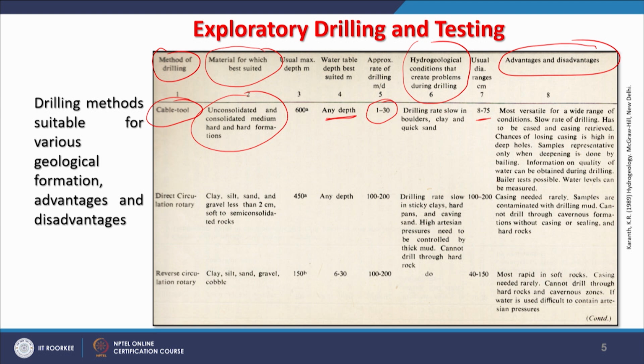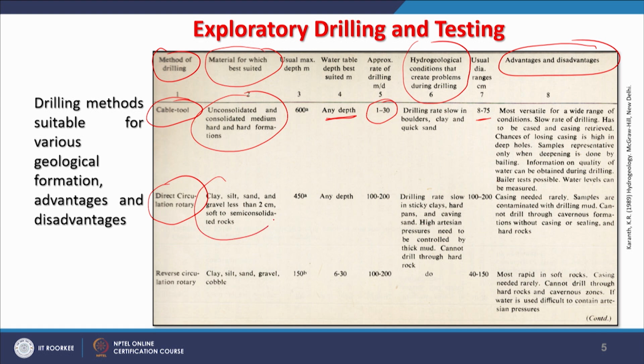So, it is a quite simple, quite common, quite cost effective method in case of unconsolidated sediment, for example the Indo-Gangetic plain or some other alluvial areas. Another type of drilling method is direct circulation rotary, which keeps rotating the bit in front of the rotary instrument, and it is motor driven or compressor driven.